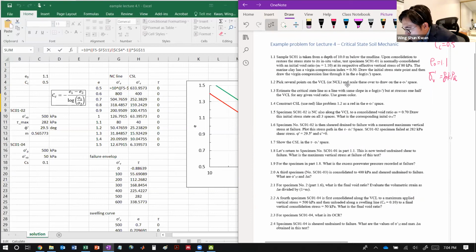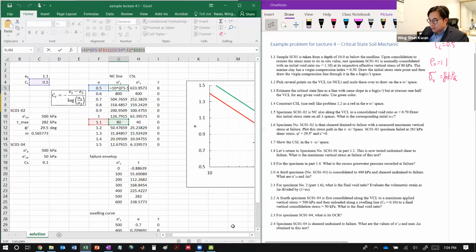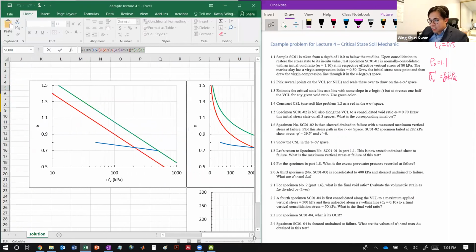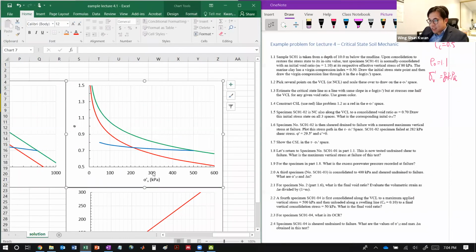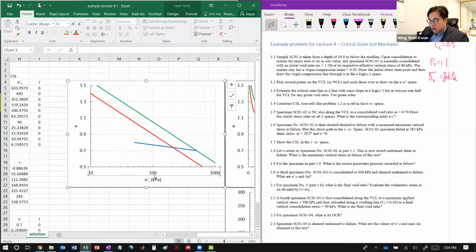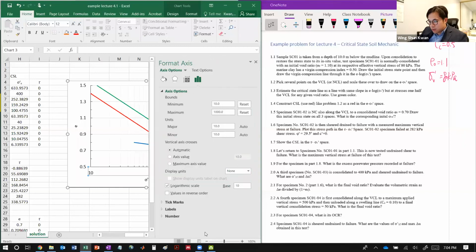So that is question 1.1. Question 1.2 says to pick several points on the virgin compression line and scale this over to draw the one without the log. This is exactly what I do. It's the same plot, so these two are identical, except the x-axis is not in log scale. If I unlock this x-axis, we get back the same curve.